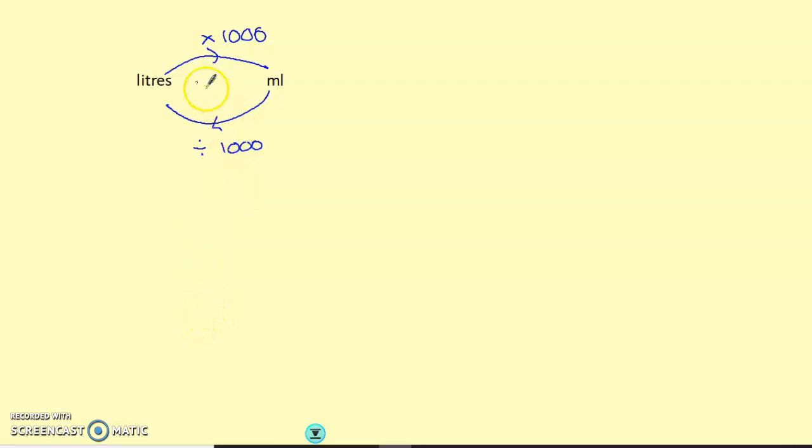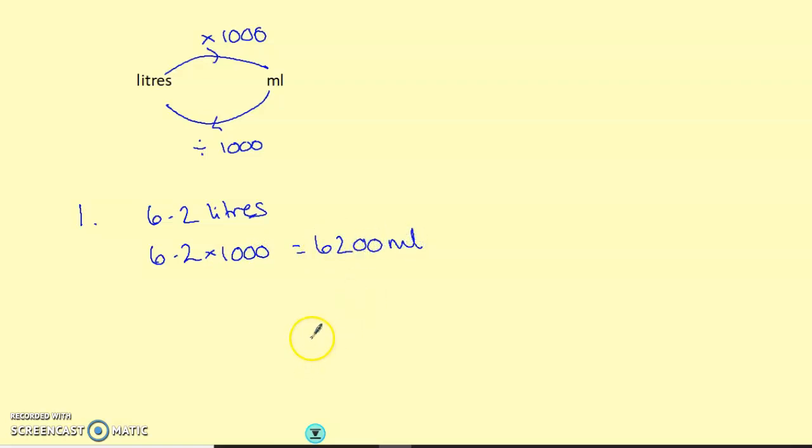And I want you to practice going from litres to millilitres. So we're going to be timesing by 1,000. So the first one, if we have 6.2 litres, what would that be in millilitres? Litres to millilitres, timesing by 1,000, so we get 6,200 millilitres.